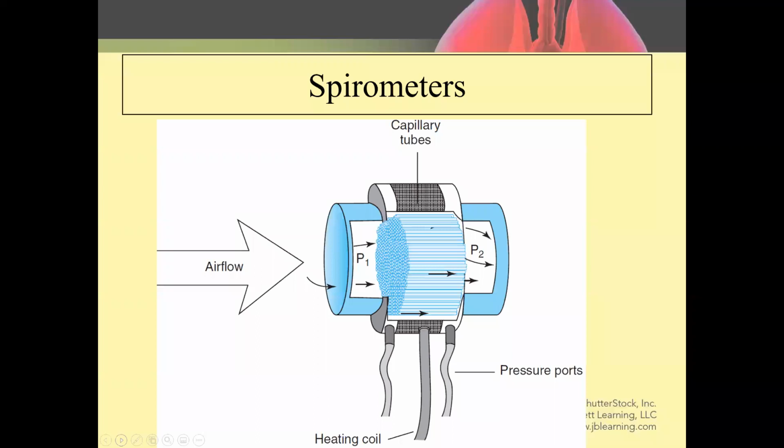This is just a spirometer. I'm really not emphasizing equipment. I had some images of equipment in here, but because this is one CEU and we want to get through all of the content in a reasonable span of time, this is just showing you one of the spirometers that's out there.